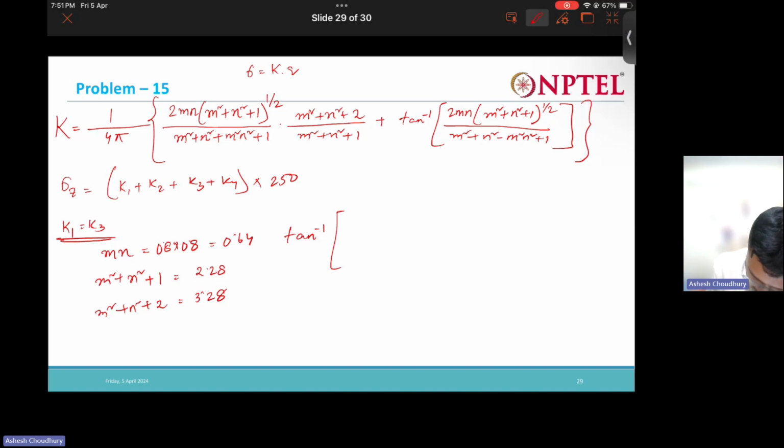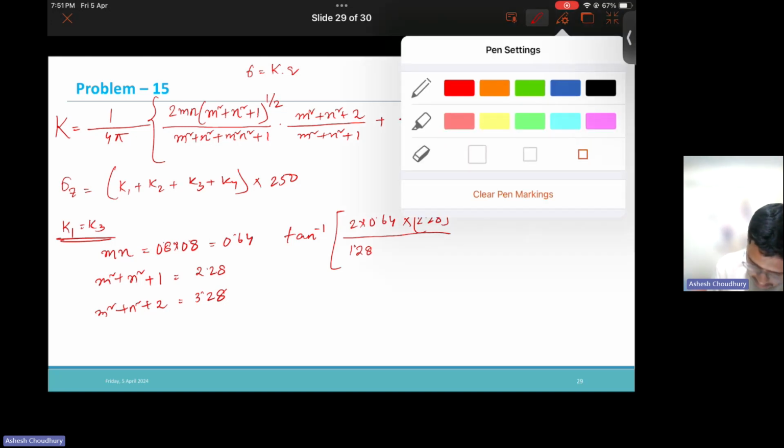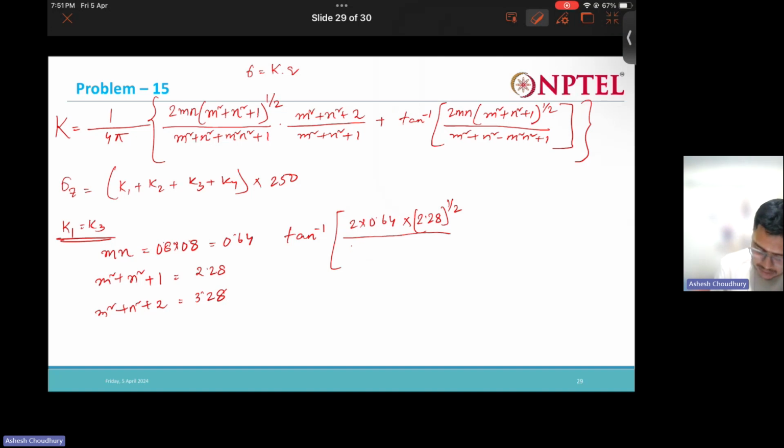Tan inverse 2mn is 2 into 0.64, and m square n square, 2.28, square, 1 by 2 by m square plus n square means 1.28. See here, m square plus n square plus 1 whole thing is there, right? So I can write directly 2.28 minus mn minus 0.64 square. Okay, so calculate this, see how much you are getting. Calculate this one.